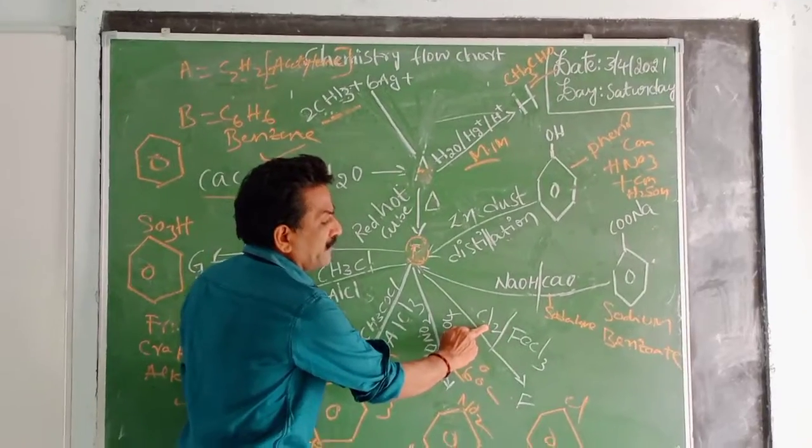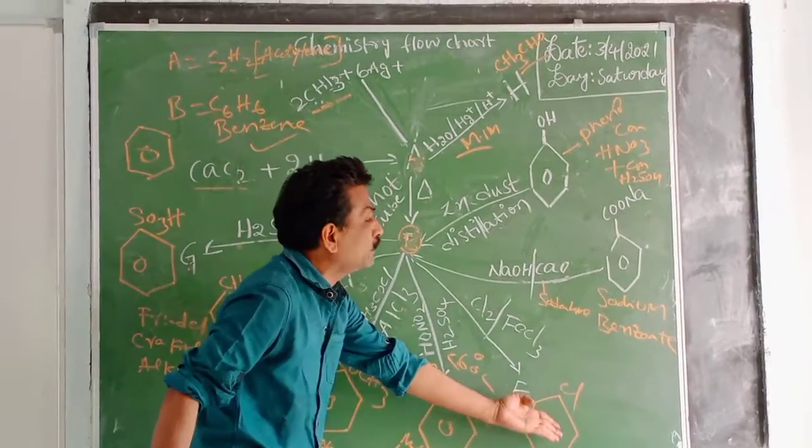Benzene reacts with chlorine in presence of FeCl3, we get chlorobenzene.